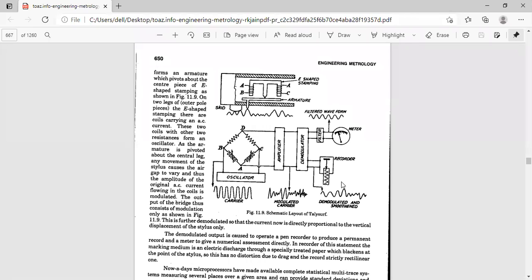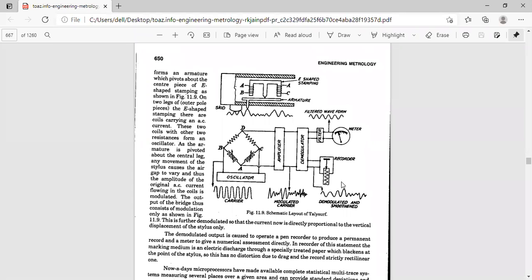What is a permanent record? We'll be using an ink and a paper which is known as Teledeltos paper. Here it's not given, but you can see other textbooks like I.C. Gupta, where they have mentioned it.